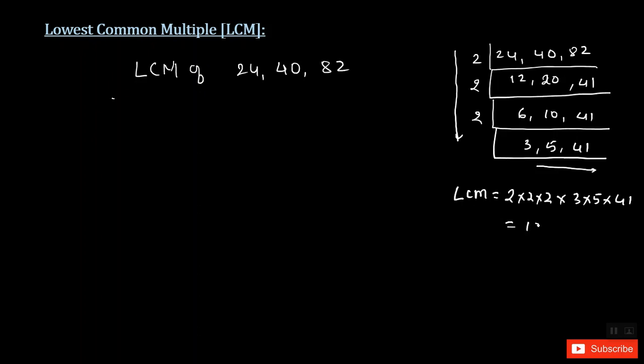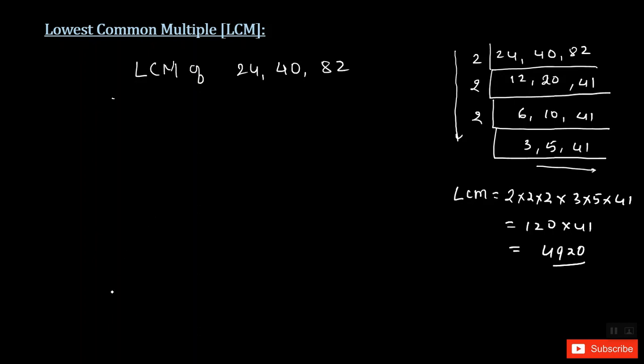So we can say 120 times 41. What is the result of 120 times 41? You'll get 4920. The least common multiple of 24, 40 and 82 is 4920. This is how we solve.